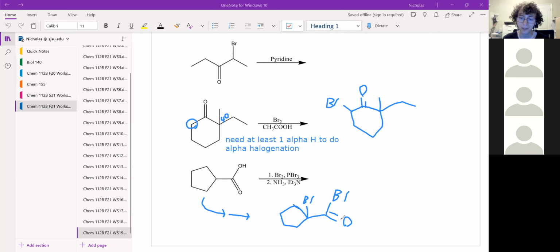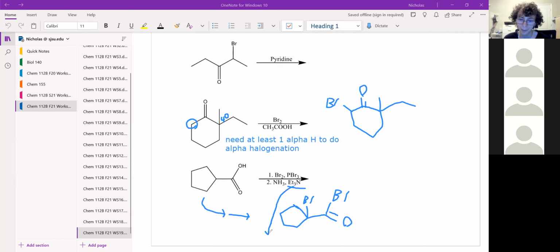What is that going to do to the acid bromide? What happens if you add an amine in general to an acid bromide? Make an amide. Yeah. I don't think Akuda really talked about this semester, but instead of adding two equivalents, you can add one equivalent of an amine and then a base. That's what the triethylamine is for.